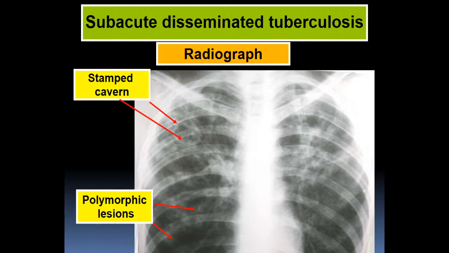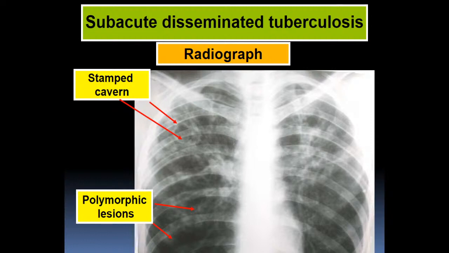And on X-ray, we can see the symptom of dissemination also, but the focal shadows are different in density and different in size. That's why they are polymorphic lesions. We can see soft focal shadows and shadows of middle density.